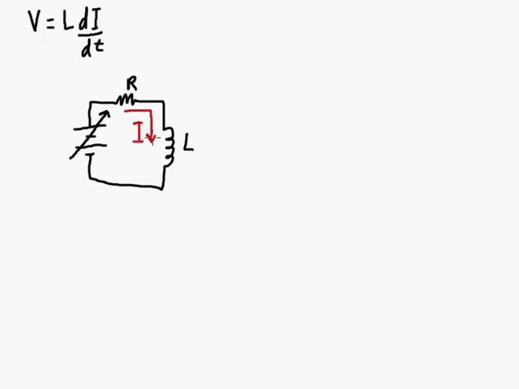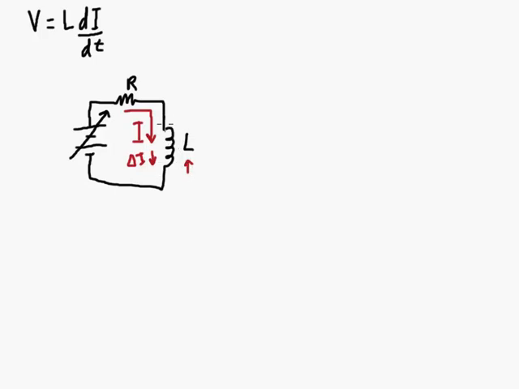In order to oppose that current, we're going to induce a voltage on this inductor that opposes that change. Remember, the delta I is also in that same direction, so the change in current is in that direction. So we're going to have a current going in the opposite direction.